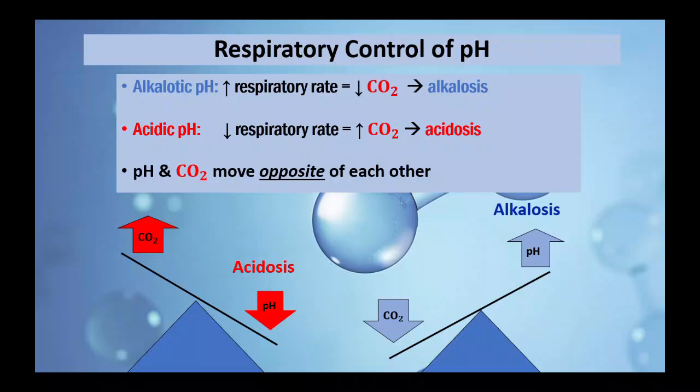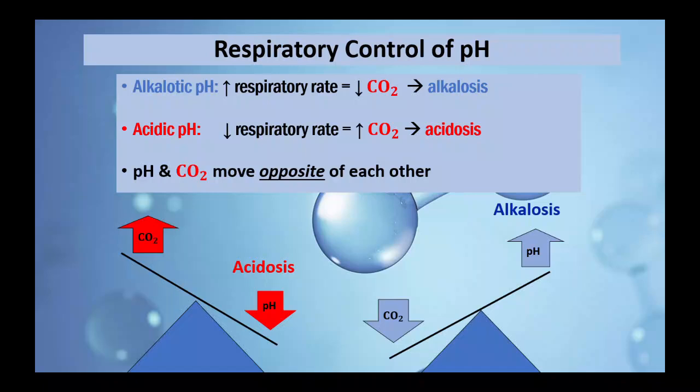This portion here at the top is the key element to remember related to respiratory control of pH. Alkalotic pH or high pH, increased respiratory rate, decreased CO2, that produces an alkalosis. Acidic pH or low pH, decreased respiratory rate, increased CO2, and that produces acidosis.